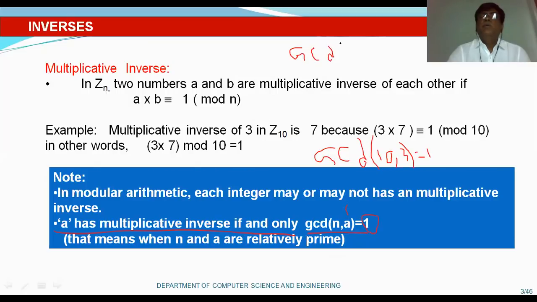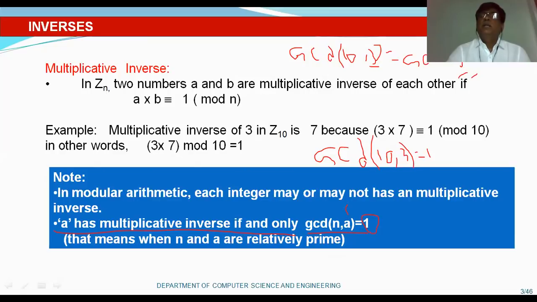GCD of 10 comma 3 is equal to GCD of 3 comma the remainder after dividing 10 by 3. 3 threes are 9, 10 minus 9 is 1. So here you put the 1. So what is the GCD of 3 comma 1?